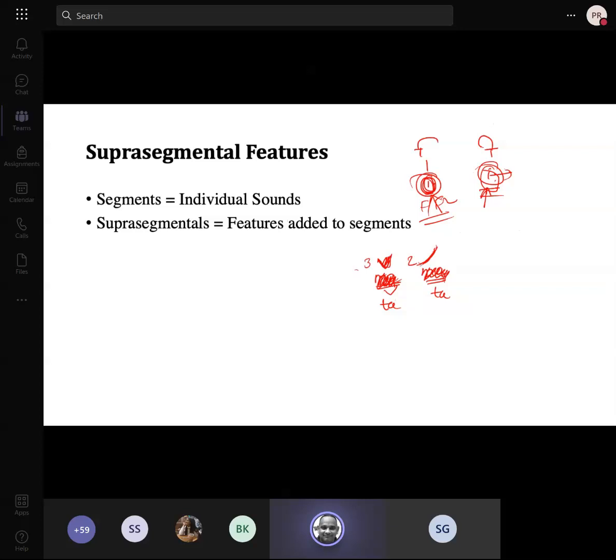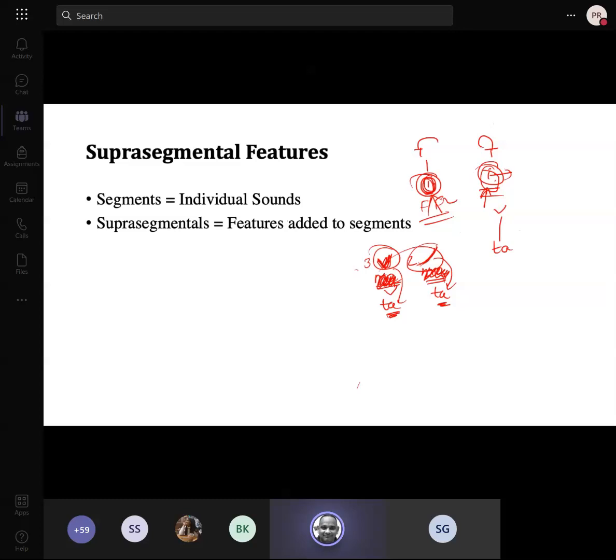So what is happening is that the consonants and the vowels may not be changing. However, these features are not changing on their own. On the other hand, you also know that these features cannot actually survive without the consonant and vowel. Only when you have the consonant and vowel can you have the rising or the falling tones in the language.